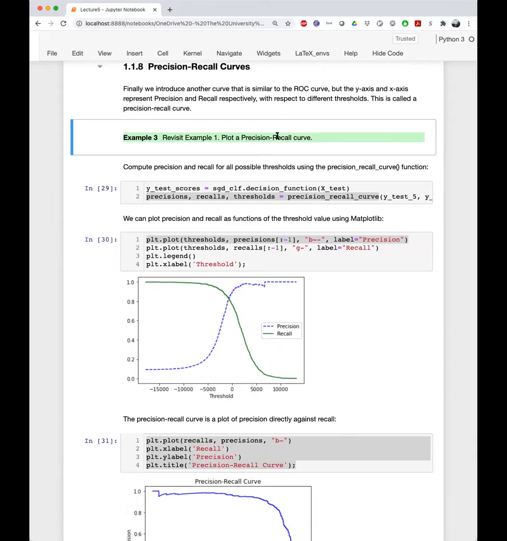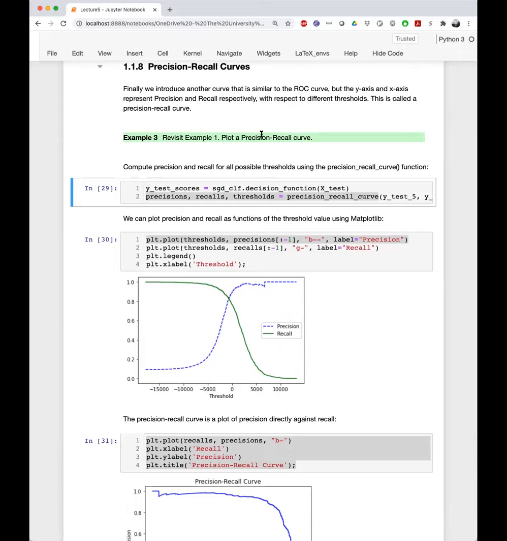All right, so let's see how we can get a plot of precision versus recall. What we first do is use the logistic regression, and we get the scores. We call the decision function for the test cases. We get the scores, and then we can get the precision and the recalls.